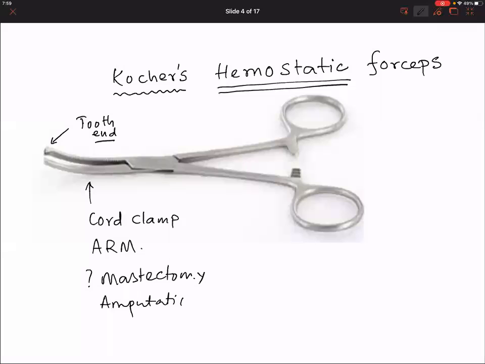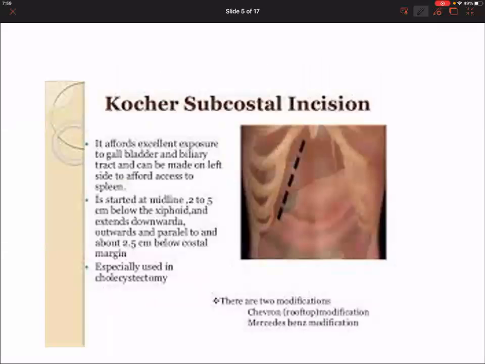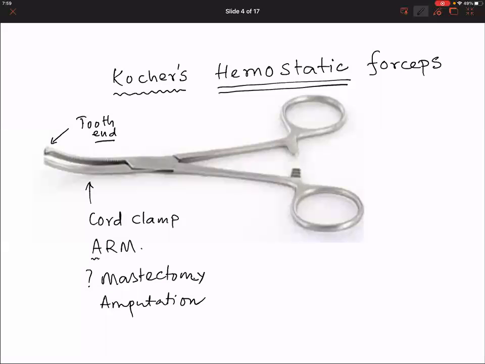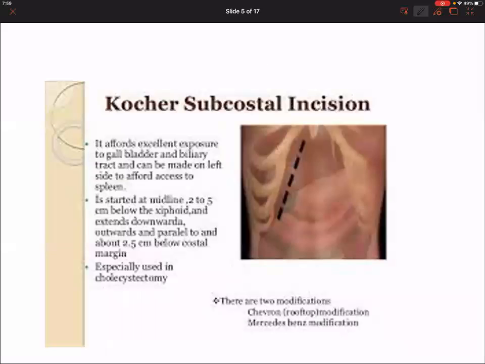Remember that in your MCQ exams, this is the way questions are going to be: Cocker's hemostatic forceps, what is the use? ARM is artificial rupture of membrane. This is done by obstetricians to induce labor, or as part of a procedure.